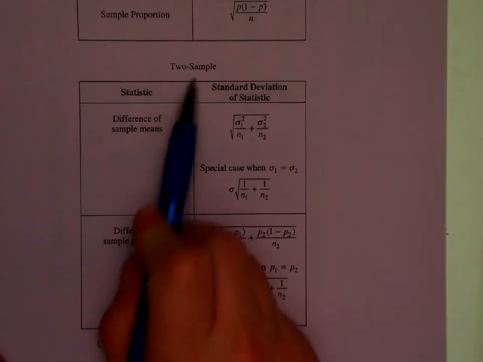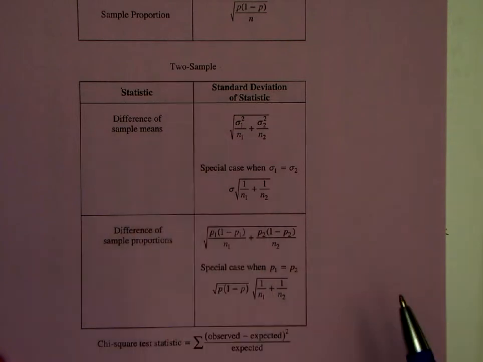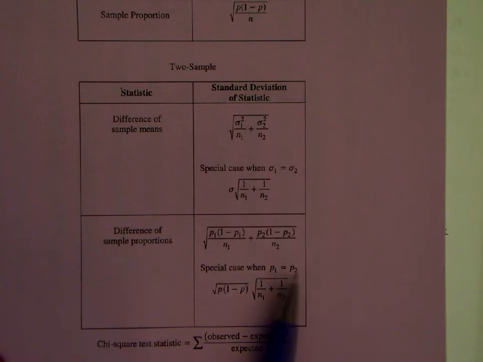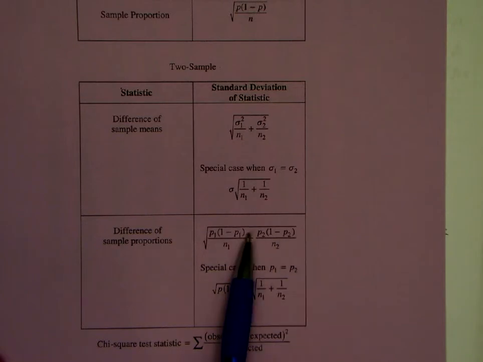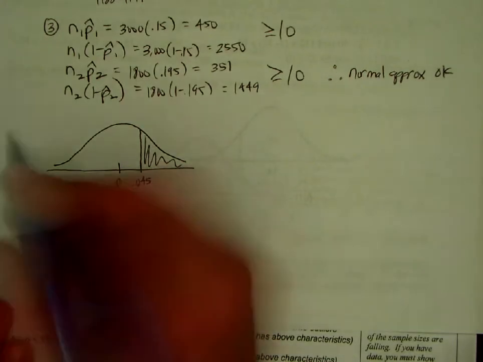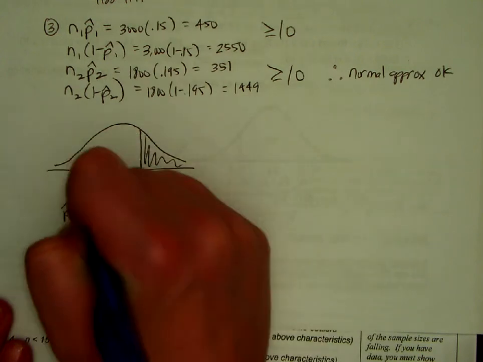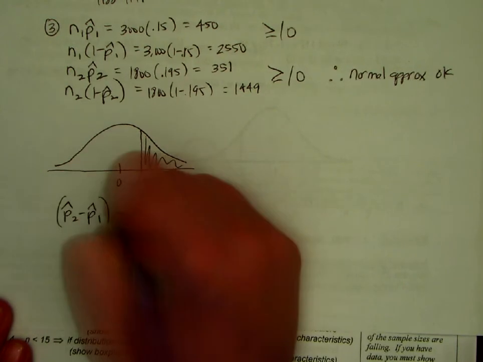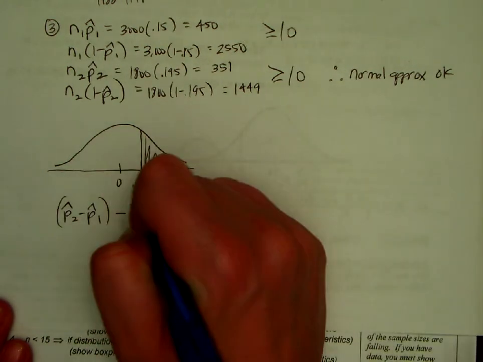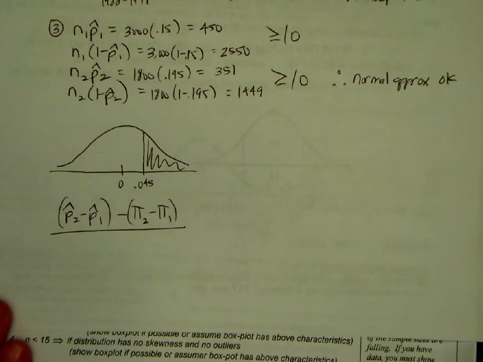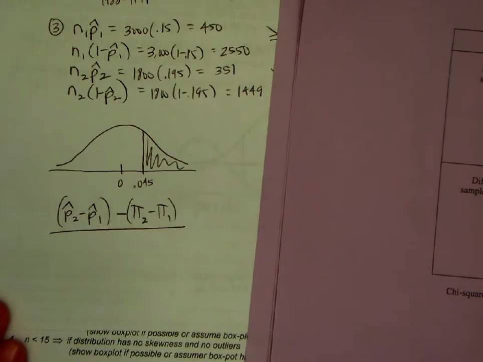I'm on a 2-sample problem with proportions, and this is the formula that you're going to use. See it? Okay. So here I am. Statistic p hat 2 minus p hat 1 minus parameter pi 2 minus pi 1 divided by the standard deviation of the statistic. Now, let's stop here for a second.